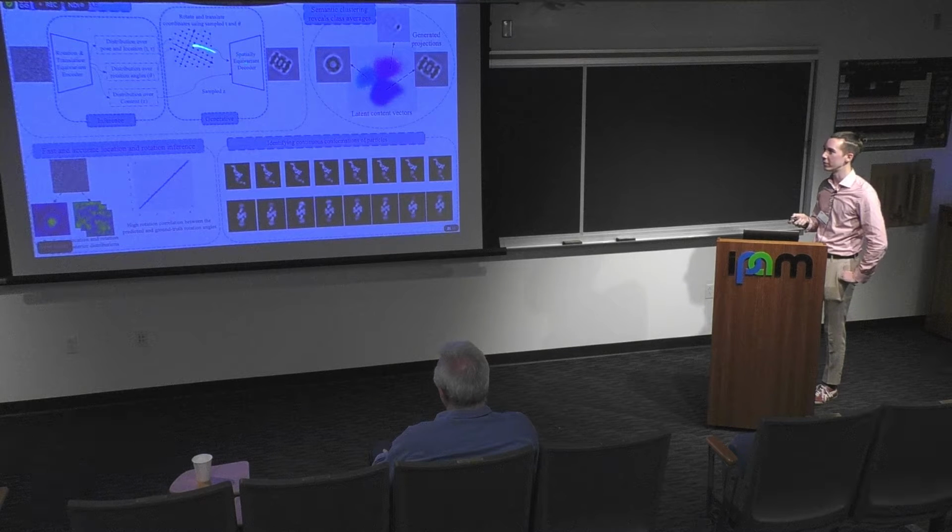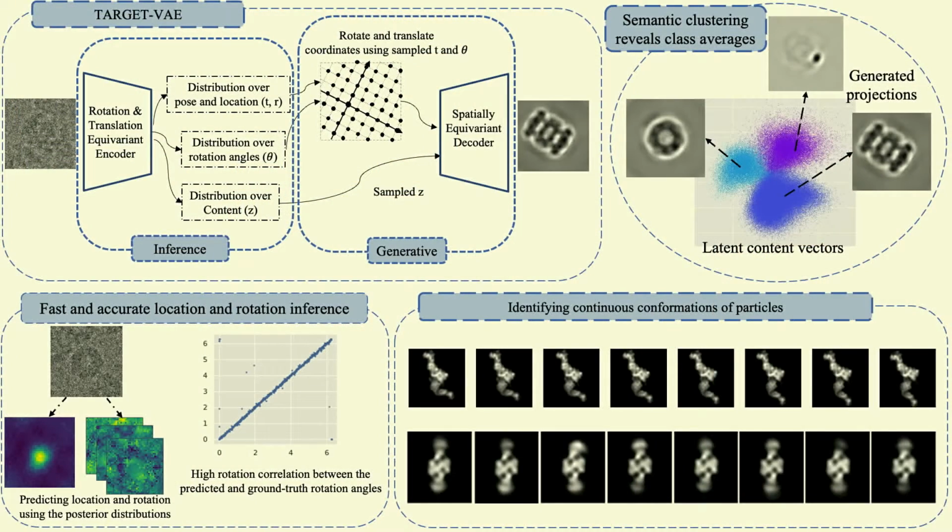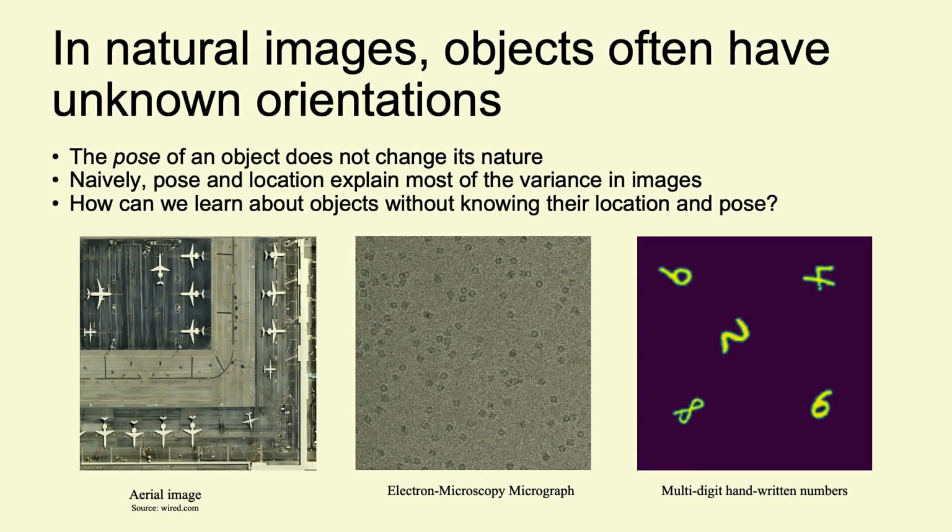We then have a decoder that's also equivariant to the pose and takes this content and regenerates our image. We can use this to analyze our particles and make nice maps of the content latent. It also is extremely accurate for inference on the orientation, even though it's completely unsupervised. And so you can also do things like conformational analysis in 2D here.